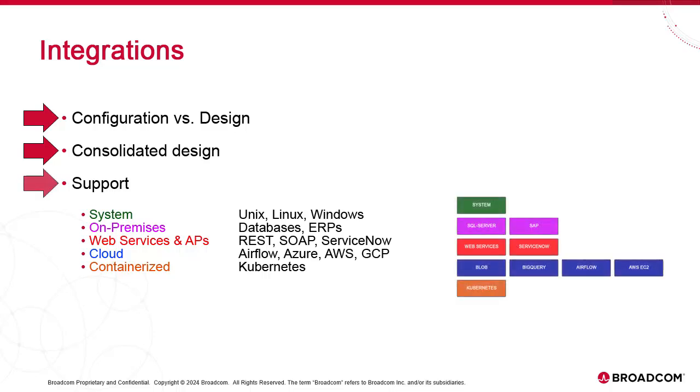Automic Automation offers extensive third-party support. New platforms are routinely added to the Automic portfolio using agents, action packs, and pre-configured configuration settings. We natively support system and batch processing for simple jobs like backups. Dedicated agents handle on-premises tech like databases and ERPs. We have two agents for SOAP and REST-based web services, to which we add action packs for applications like ServiceNow.